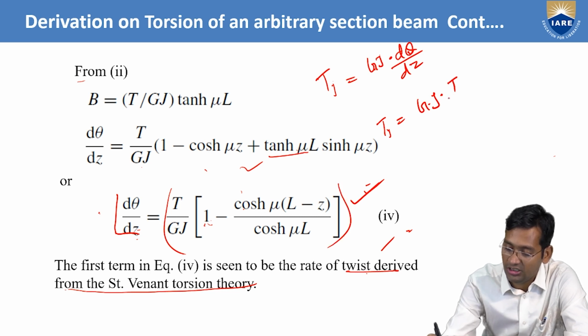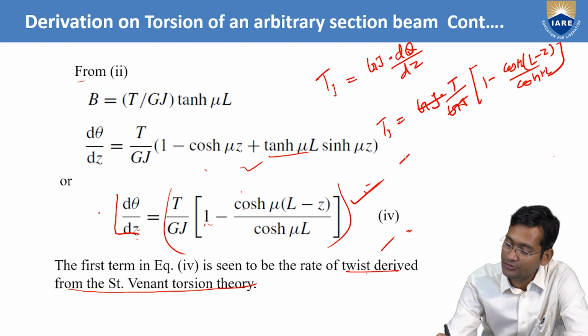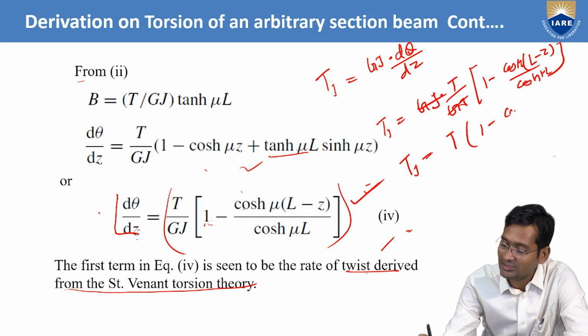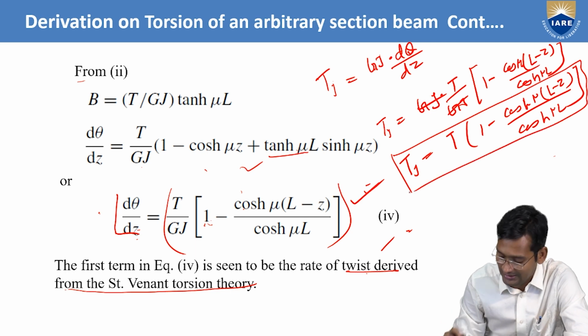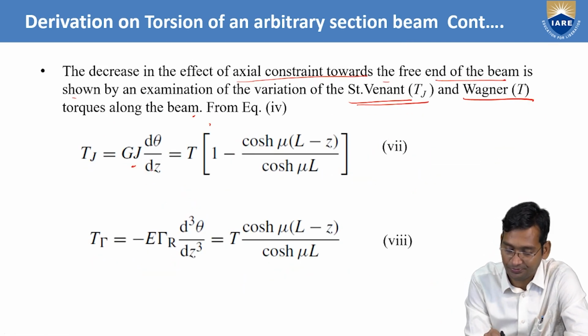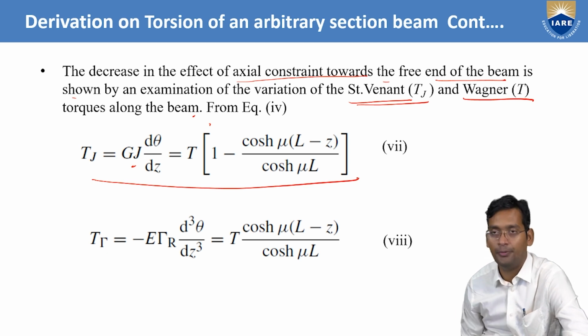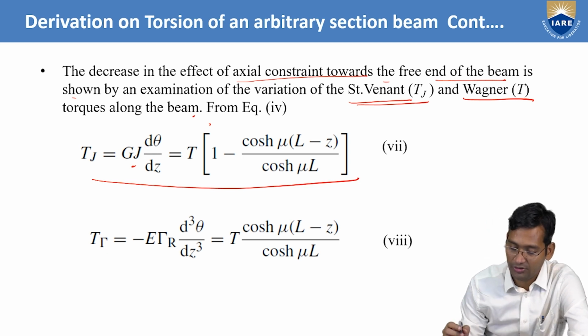So into T by GJ into 1 minus cosh mu (L minus z) by cosh mu L. GJ cancels. So Tj, right, is equal to T into 1 minus cosh mu (L minus z) by cosh mu L. Okay, so this will be the value of Tj. So just here, this is Tj. Now from the Wagner's theory, what is Wagner's theory?